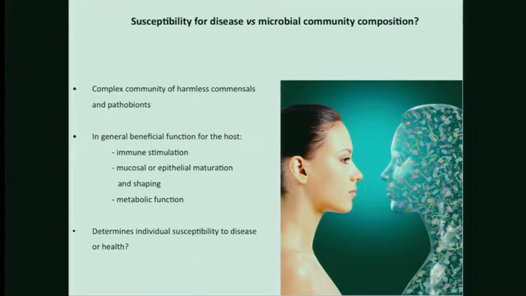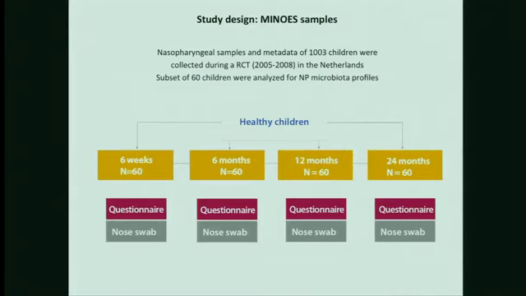Okay, so for that purpose, quite a large study was conducted, and the study's name is MINUS. About 1,000 kids were sampled. The nasopharyngeal swab was taken, and these samples were sequenced, so we have 16S data. From these 1,000 kids, 60 kids were sampled at 6 weeks, 6 months, 12 months, and 24 months.